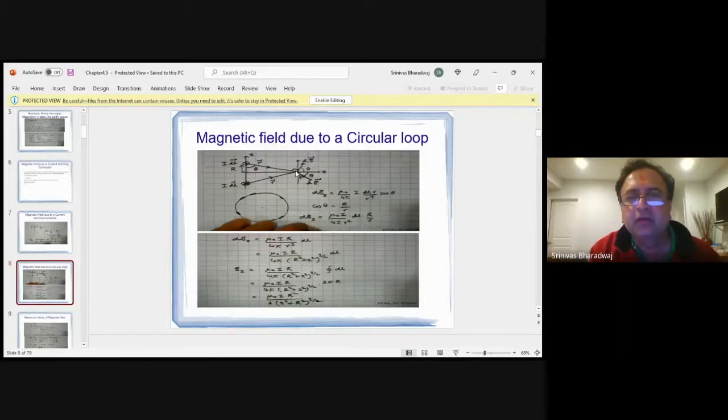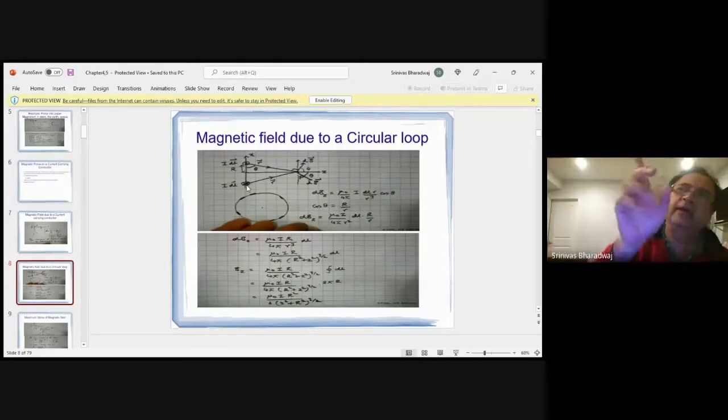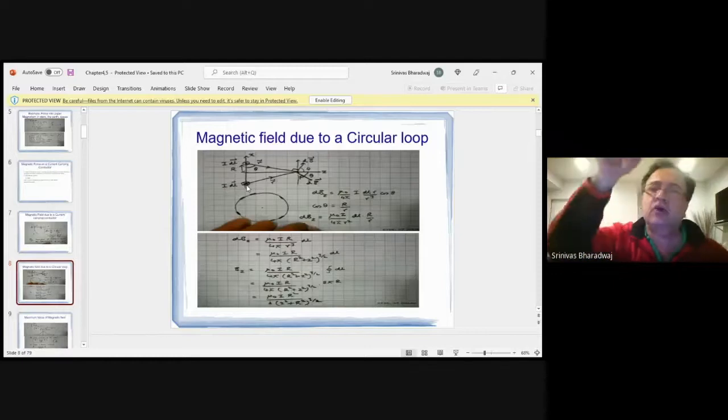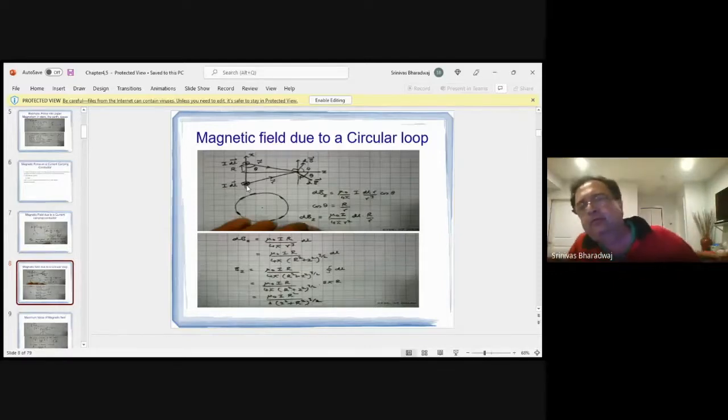One is like this, one is like this. You take the components: one set of components will cancel, this component will cancel with that component, and only the z direction components will be additive.